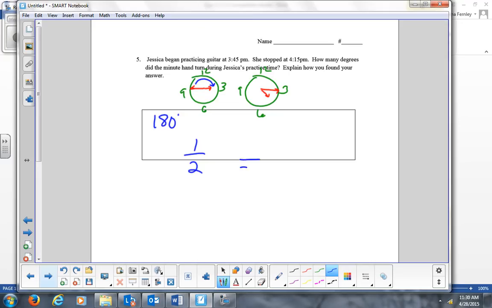And a half turn to 360. What do I multiply 2 times to get to 36? 18, and then I add the 0. And what I do to the bottom, I do to the top. So 180 times 1 is? 180. There you go. Okay, any questions about that?